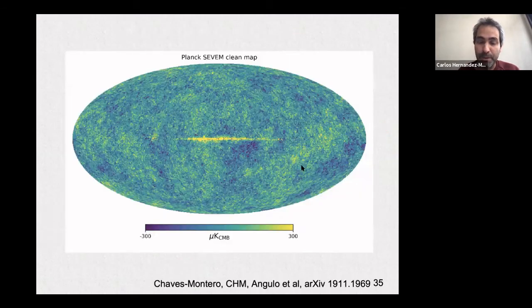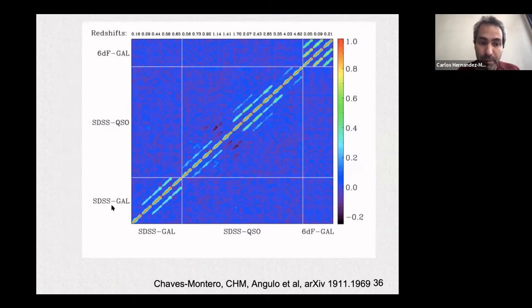So what did we do with our student, Hernandez Montero, now he's a postdoc, he's back in Spain. We used Planck data, and we cross-correlated the Planck full CMB map with maps of angular redshift fluctuations built upon spectroscopic surveys like the SDSS main galaxy survey, which is going up to redshift 0.3, the quasars, and the 6dF galaxies.